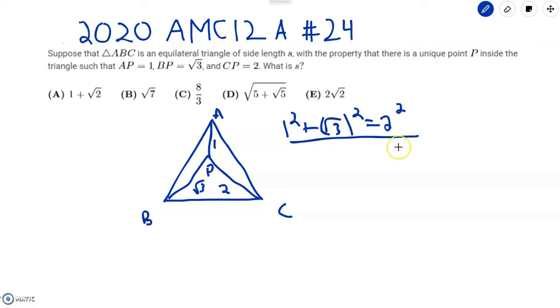This isn't a coincidence, this is a very nice condition, and we want to somehow use it in the problem. This is obviously the Pythagorean theorem, so we maybe want to find a way to change this triangle such that we have a right triangle of side lengths 1, root 3, and 2.